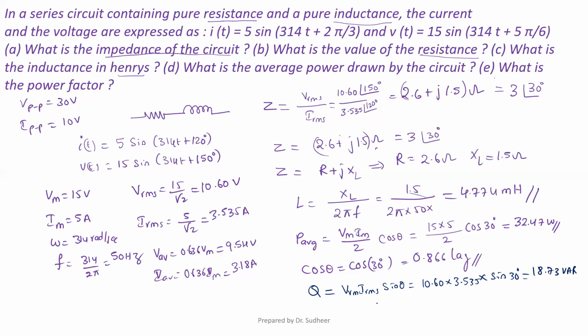Then you can even find out S. S is equal to root of P square plus Q square. The unit is volt amperes. Like this, we can solve a problem in expression rather than V or I, where V of t is given and I of t is given.